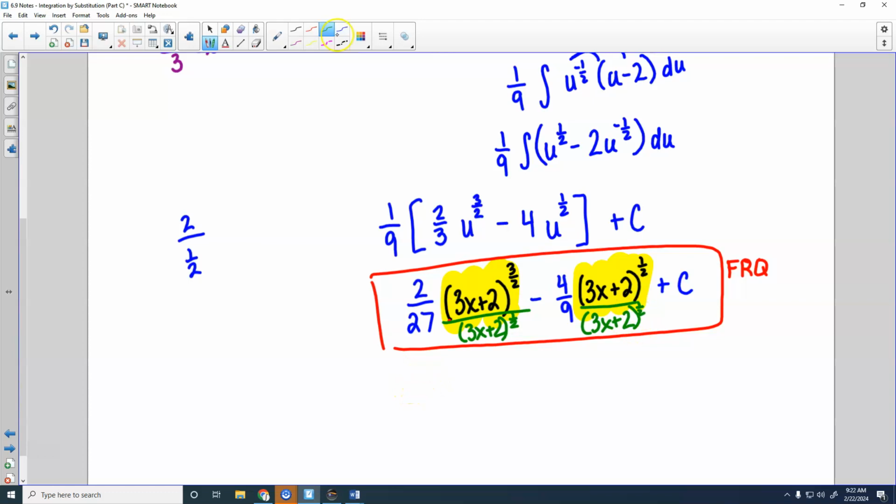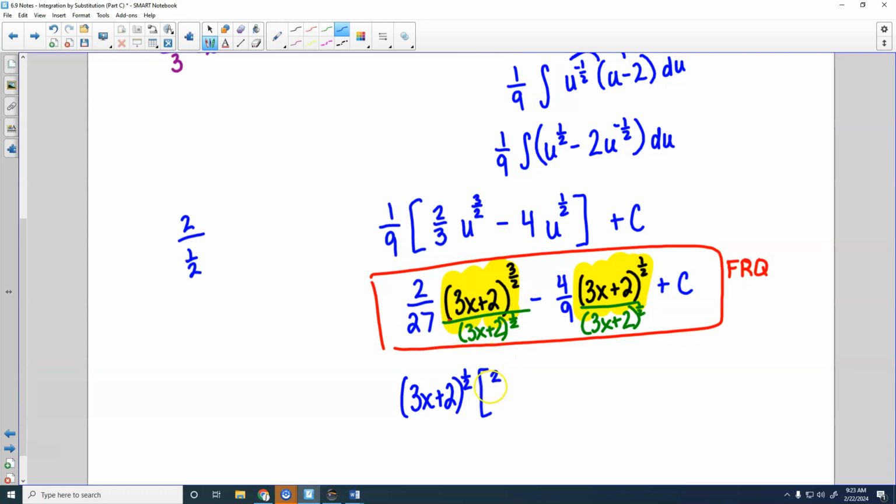So they would pull out 3x plus 2 to the 1/2 power. In fact, they would have never distributed that 1/9, but I'm just going to leave it. It'll be fine.